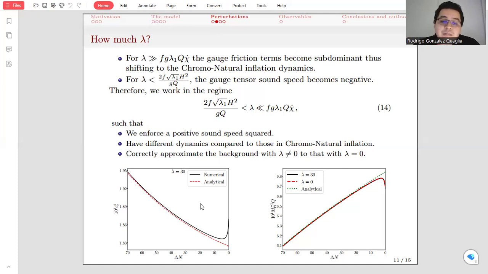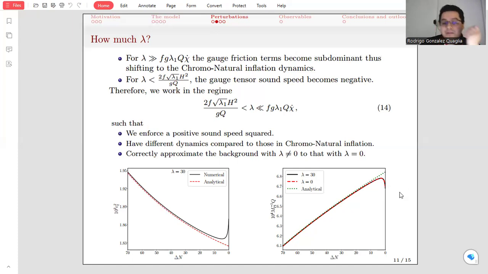On the left-hand side, for lambda equals 30, we immediately see that the sound speed is now positive, while on the right-hand side, we are plotting the vacuum expectation value for the gauge field for different scenarios. First, numerically, for lambda equals 30 in black, and numerically in the case of vanishing lambda, and we immediately see that the two of them are in very good agreement.